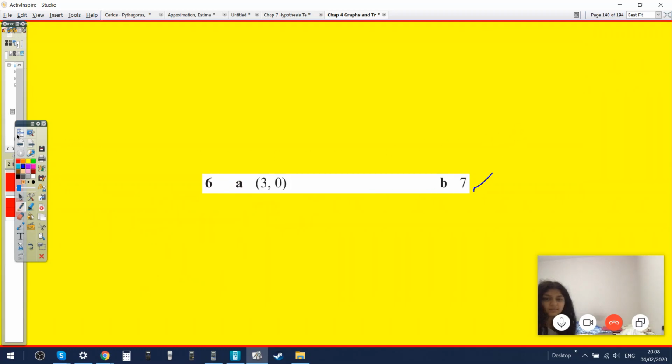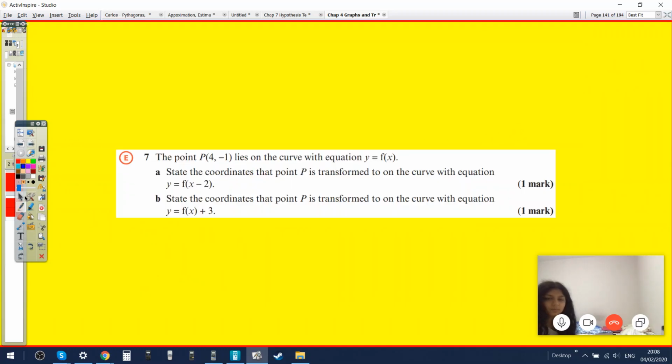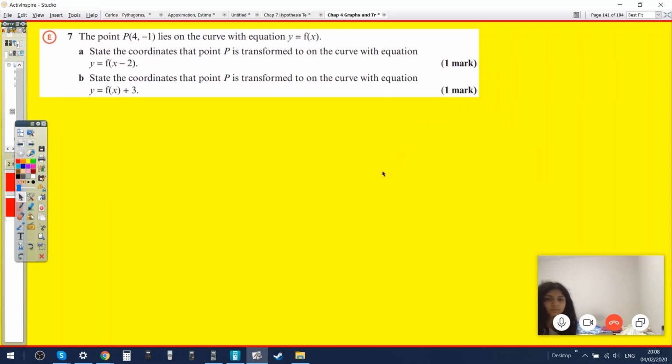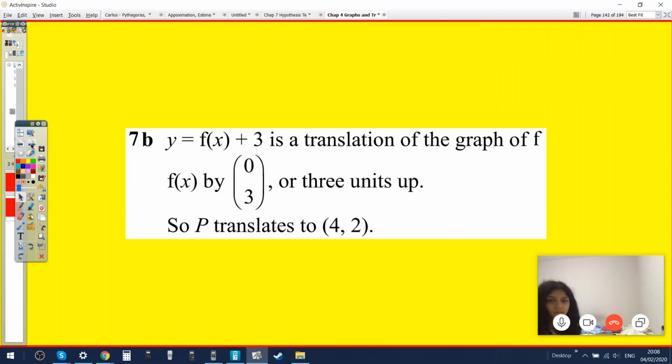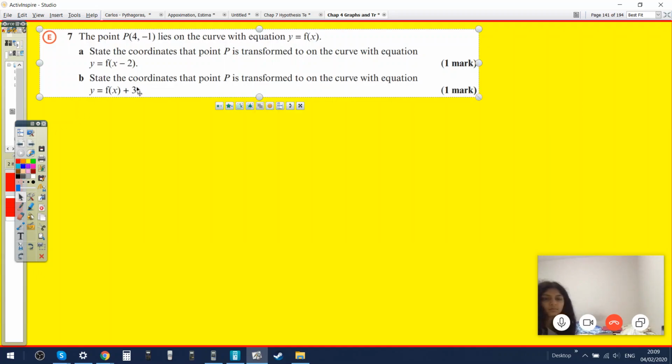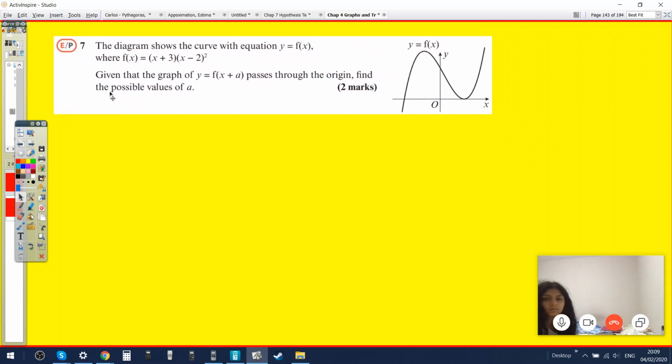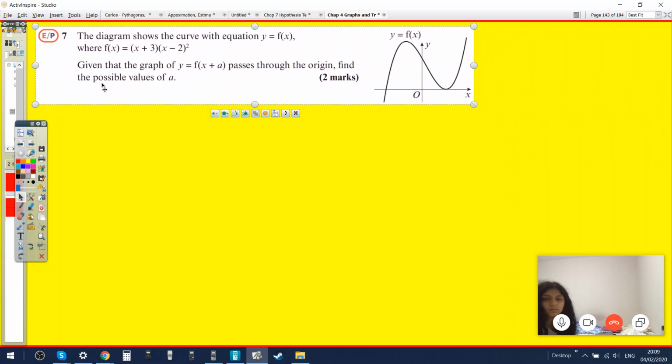So that time they gave you the transformation, they gave you the graph, and you had to say how it was transformed. That's okay. I think it's easy stuff. This one, yes. How about this one?